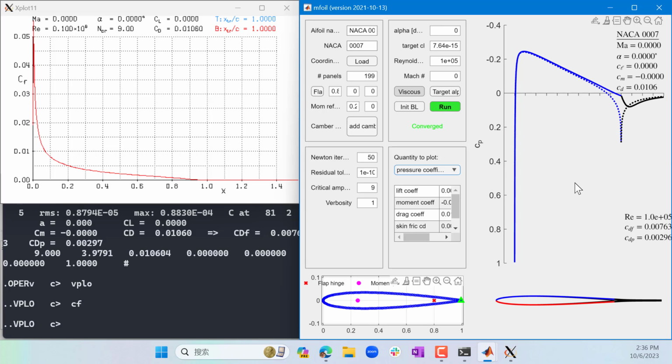Now, how about the contribution of pressure to drag? Can you look at this plot and identify if pressure actually contributes significantly to drag or not? Or the difference between inviscid and the viscous pressure, does that contribute to drag?